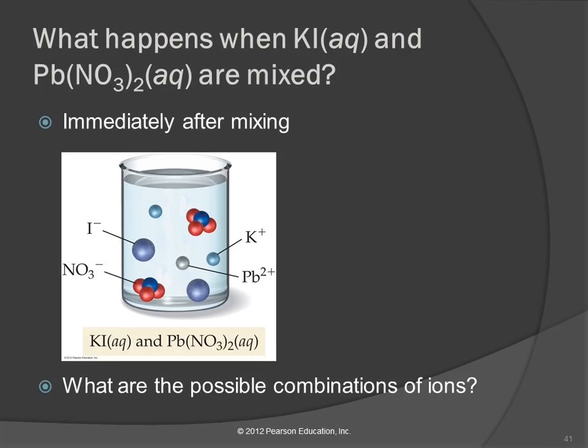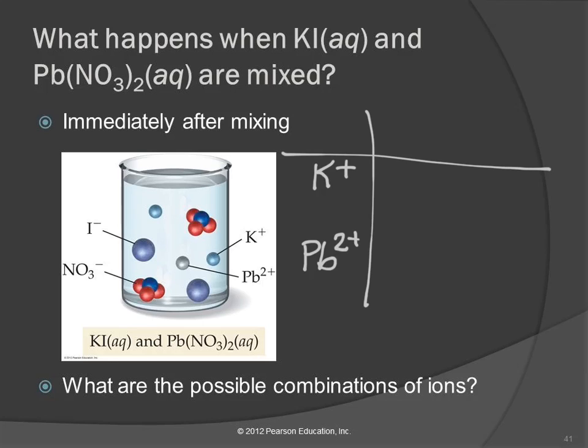Well, we can make a table, and so we've got potassium ions and we've got lead 2+ ions. And for the anions, we've got iodide and we've got nitrate.